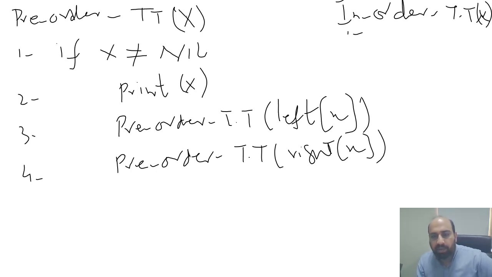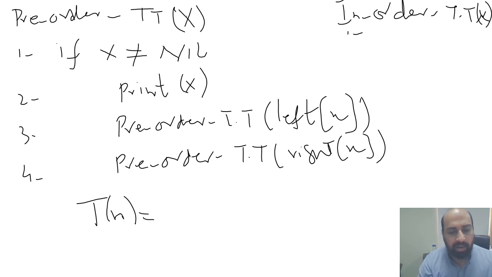Since this is a recursive algorithm, you can find the recursive relation. Say T(n) time is required to complete this pre-order traversal on x. How much time do you require for the check and the print?